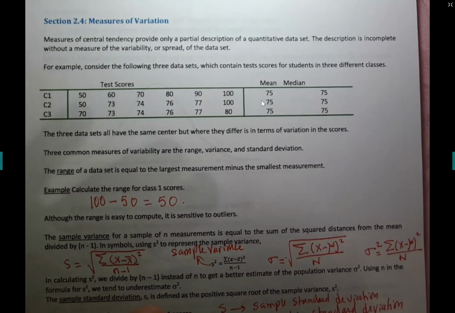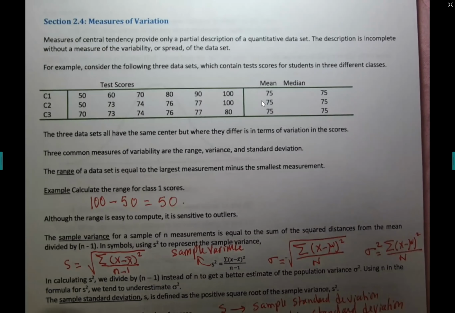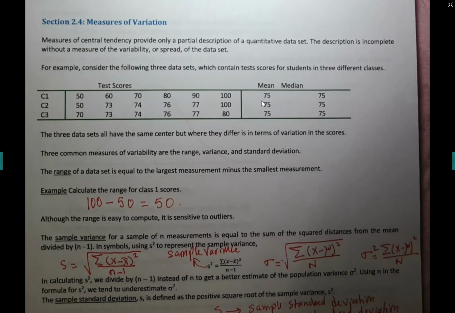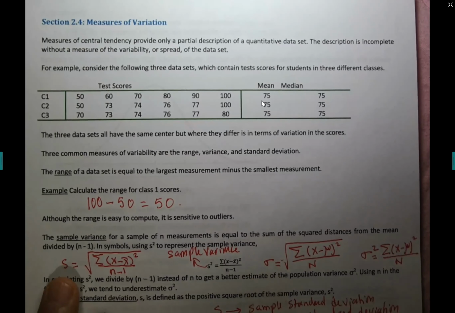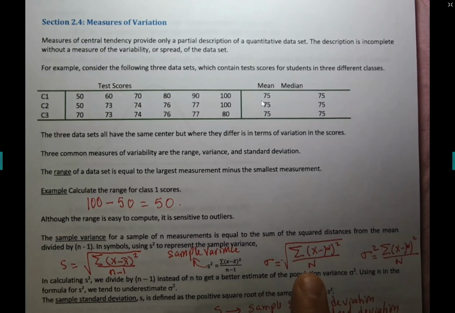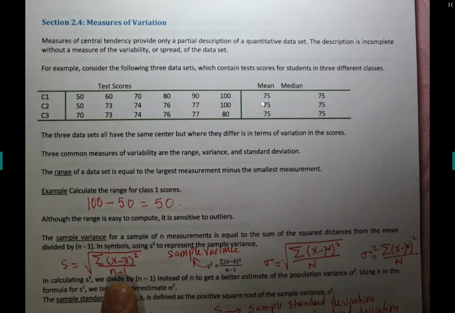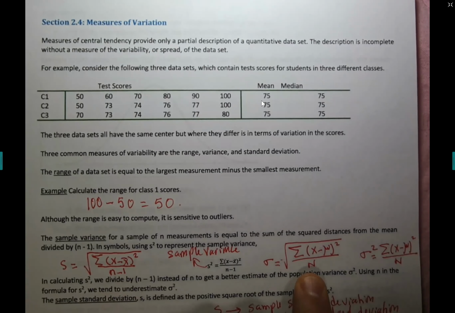I'm not going to do anything anymore, guys, other than just reinforce what we learned today. Let me show you the other two formulas that I put there by hand. If he asks you to find the population standard deviation, it uses the same formula as the sample standard deviation, but as you notice, guys, instead of dividing by n minus 1, we divide by n.